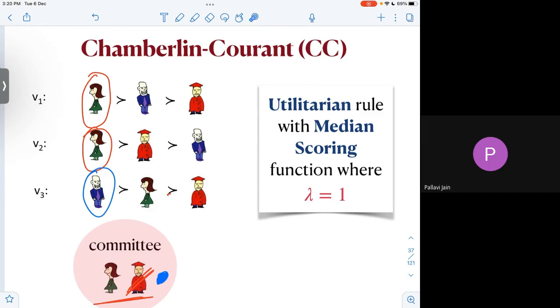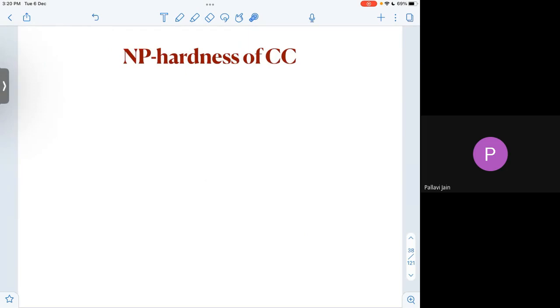What do you think? Is it polytime or NP hard? Now you know what NP hardness is. Any guesses? NP hard? Yes, your guess is correct. It's NP hard.